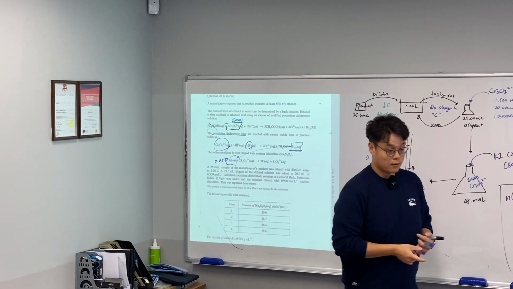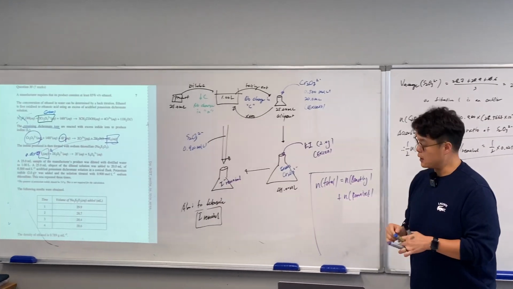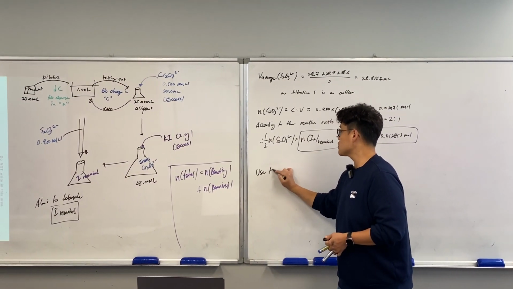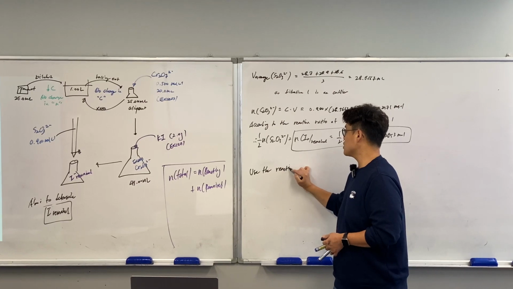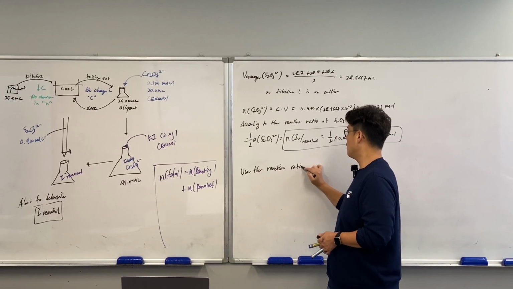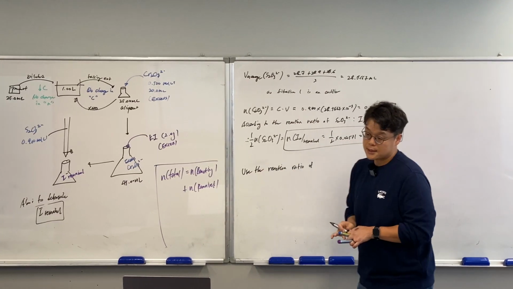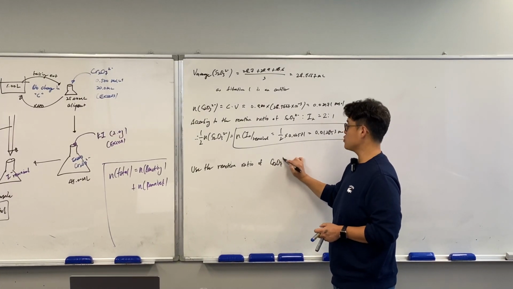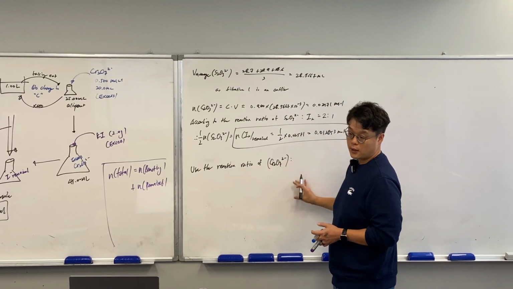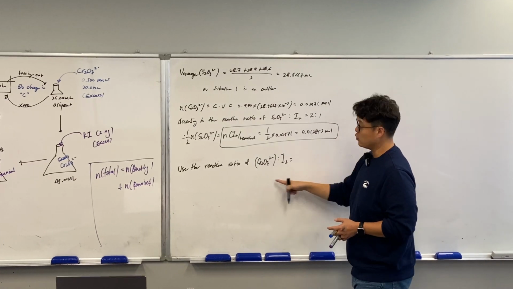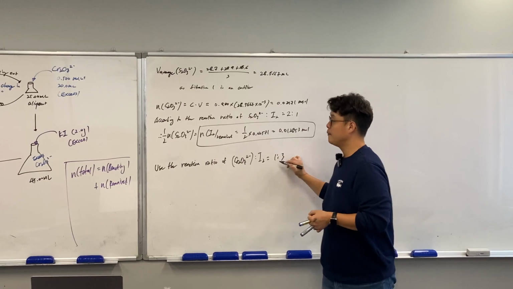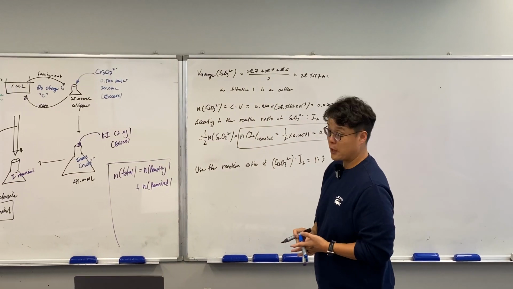From the second equation, we'll get n of the dichromate, using the reaction ratio again, of the Cr2O7 2- to I2 would be 1 to 3 from the given.